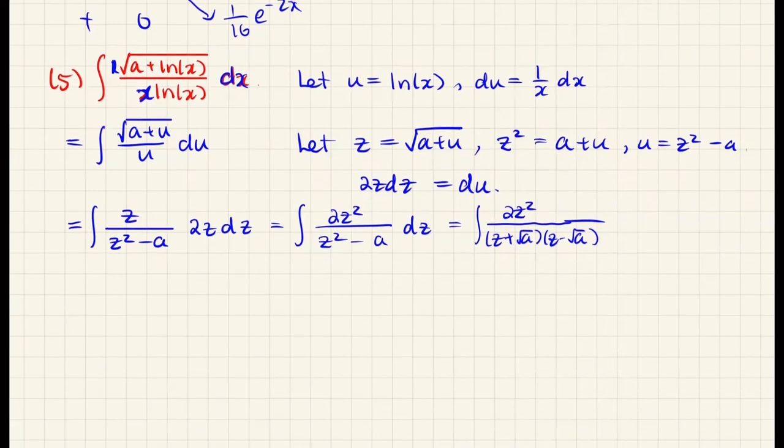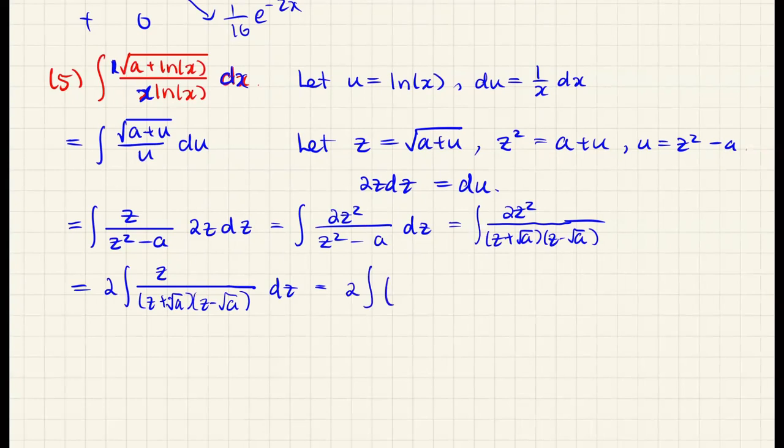So when we divide the numerator by the denominator, okay, I'm going to rewrite this as 2 times the integral of z squared divided by z plus root a, z minus root a, and dz. So that is also equal to 2 times 1 plus a, sorry.